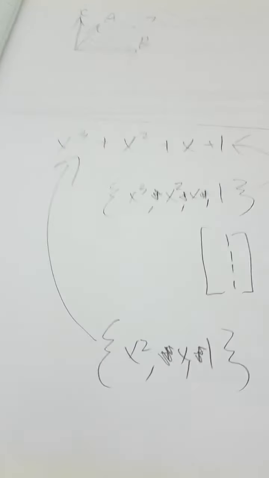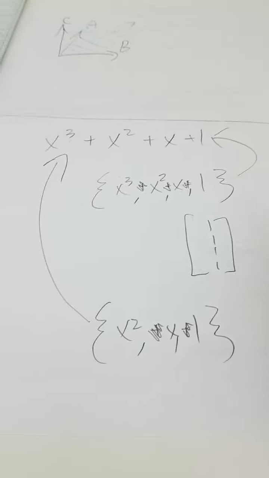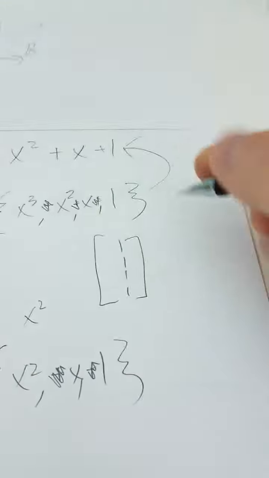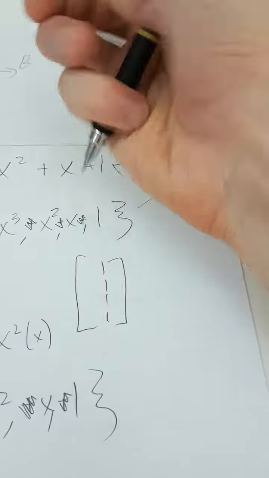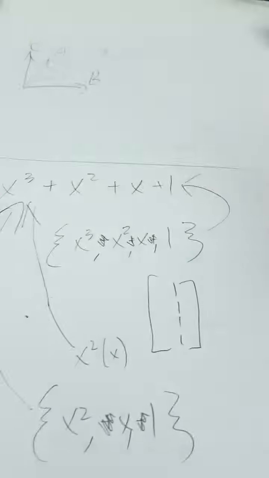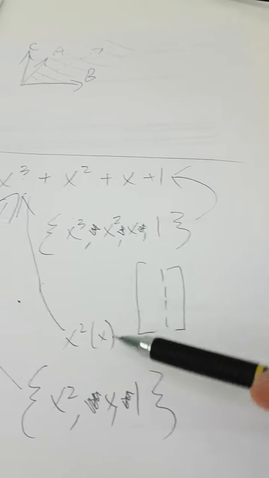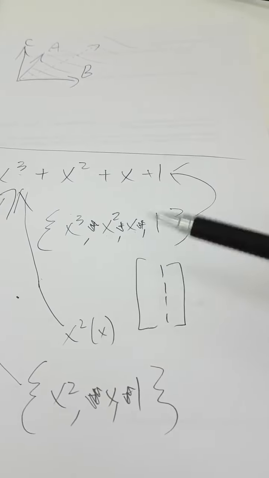But my confusion is, step out of vector spaces, and in the real world, you could easily do this one, x squared times x. And that will get you x cubed, right? You know, just add the exponents and you'll get an x cubed.